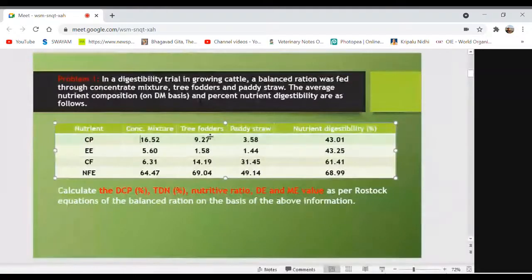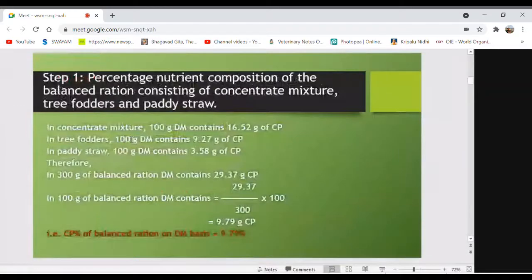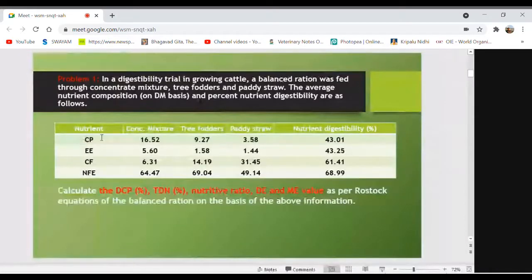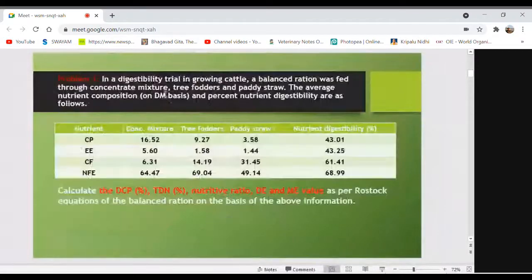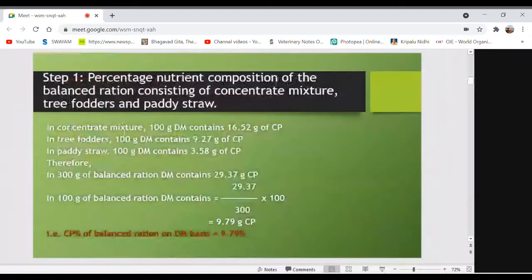Percentage means in 100 gram. The same thing is written here. In 100 gram of concentrate mixture, protein is present, how much? 16.52. Since the composition is on dry matter basis, therefore it is written 100 gram dry matter. That means 100 gram dry matter of concentrate mixture contains 16.52 gram of CP.